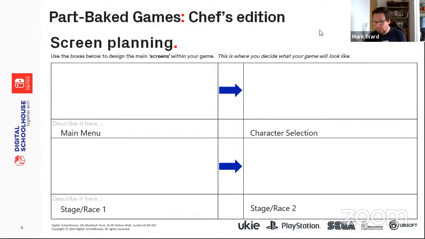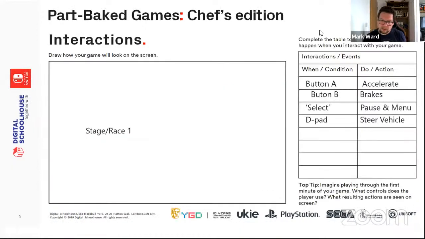Looked at the main menu, character selection screen, stage 1, stage 2. Okay, and then I also wanted to look at some of the interactions. So what did the buttons do on a particular screen? So on the race, when button A is pressed, it was accelerate. Button B, hit the brakes, select, pause menu, and the D-pad steered.